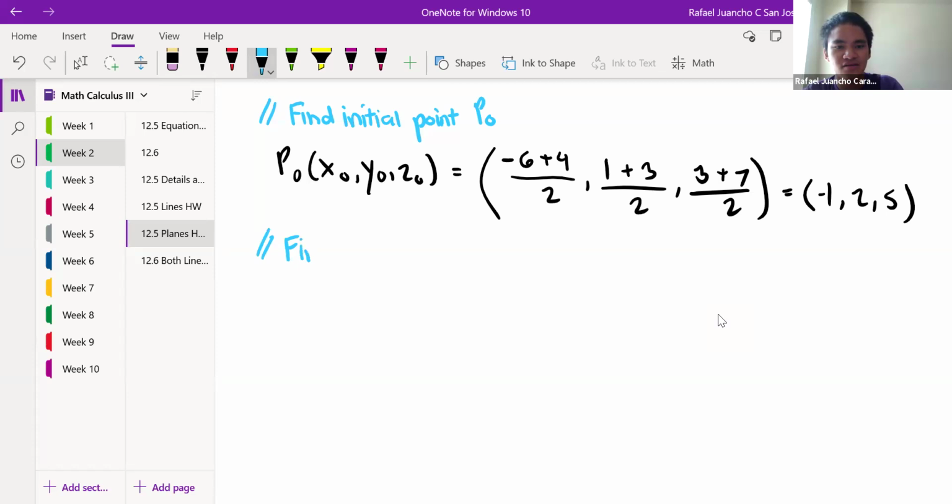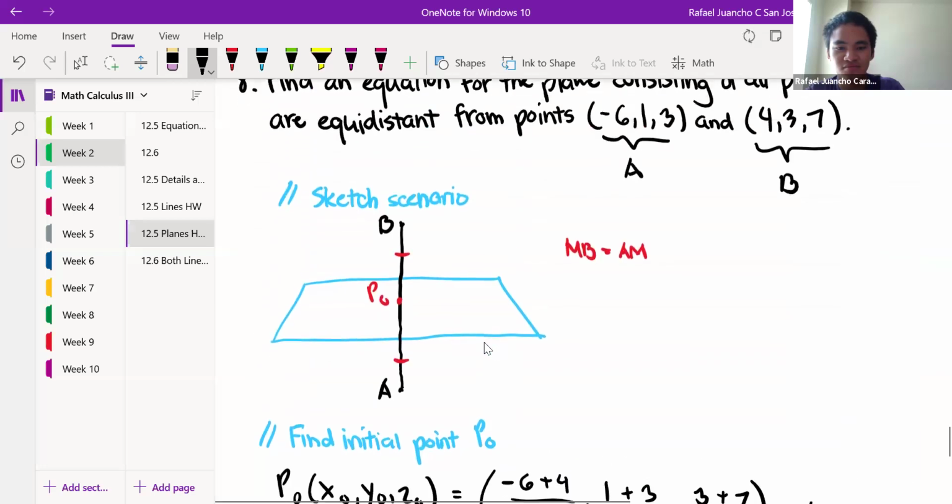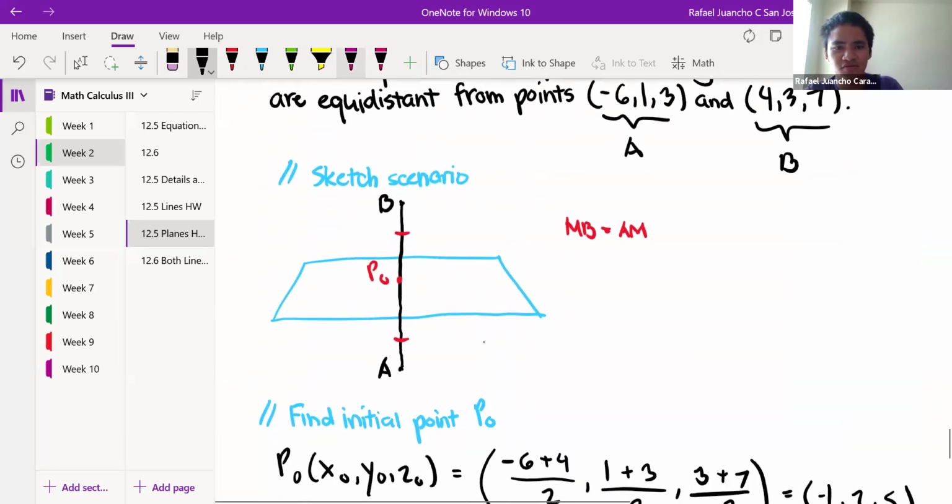Now we need to find a normal vector. And let's just say that's n. So I'm gonna say my n is just the vector from A to B, right? Because I can go from A all the way to B, and it will give me a perpendicular line.